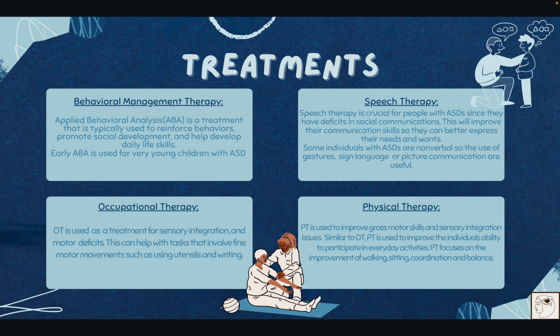Next we have occupational therapy, which is used for sensory integration and motor deficits. This can help with tasks that involve fine motor movements, such as using utensils or writing.